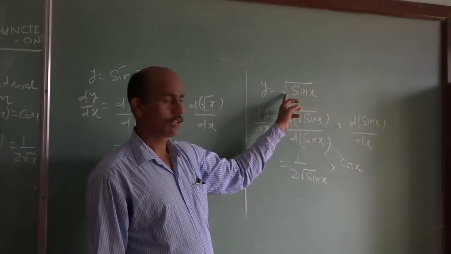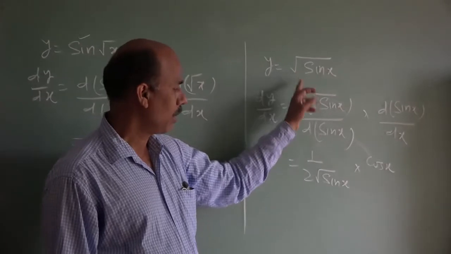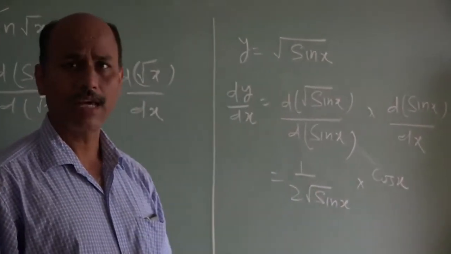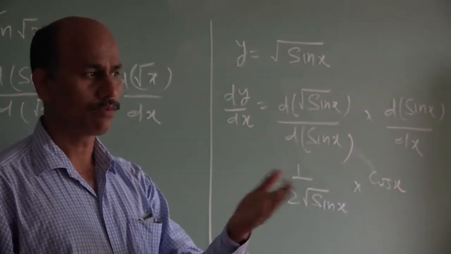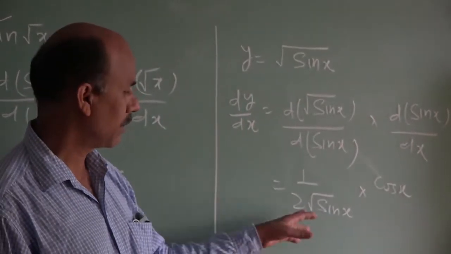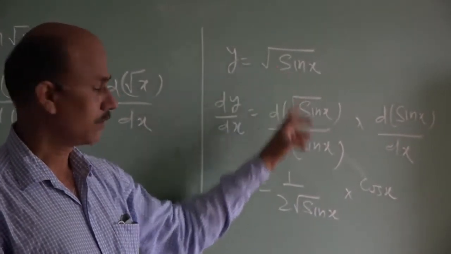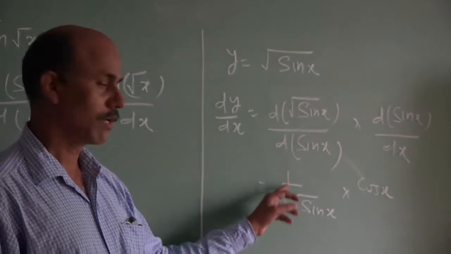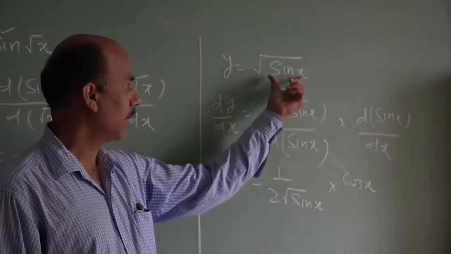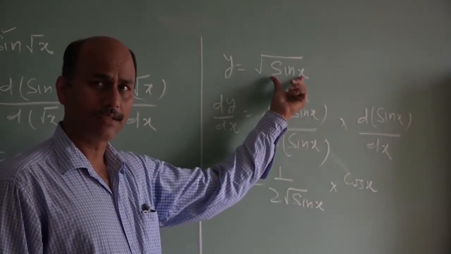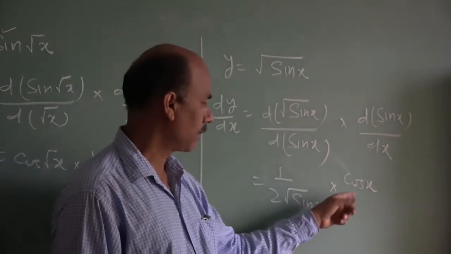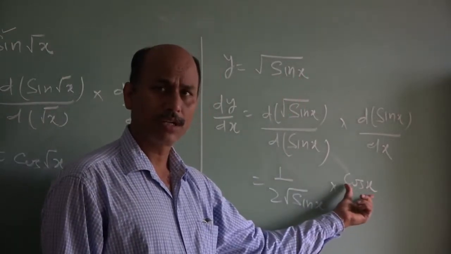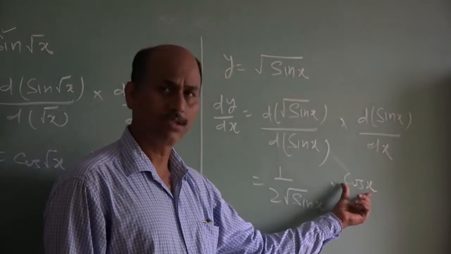The differentiation of root under x is 1 upon twice root under x. Similarly, root under sine x differentiation will be 1 upon twice root under sine x, and then the next one is the second function, sine x. So into the differentiation of that sine x, which is cos x.